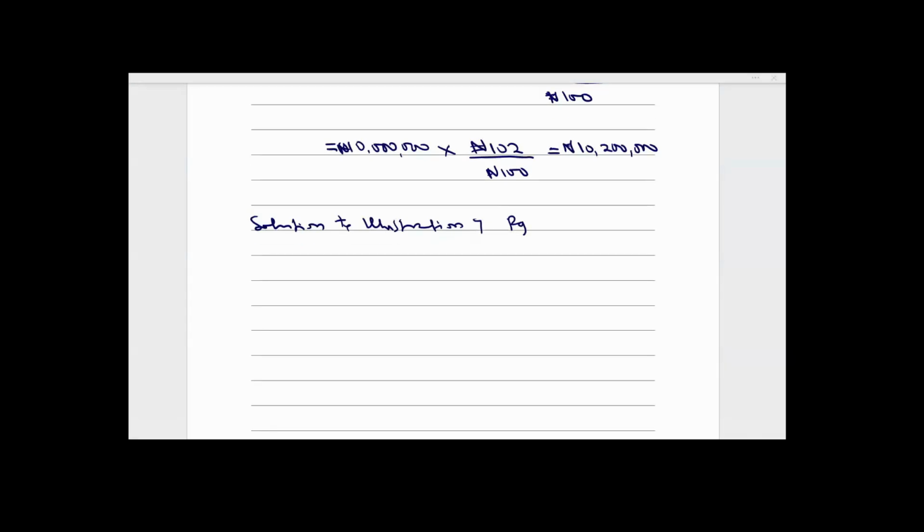Solution to illustration number 7. That's still on page 46.